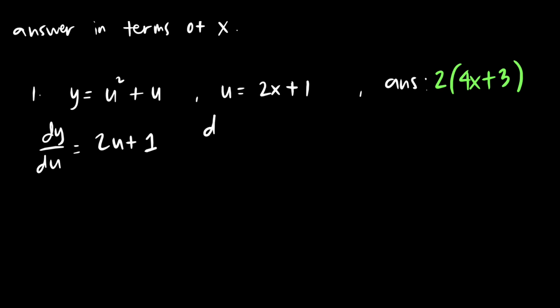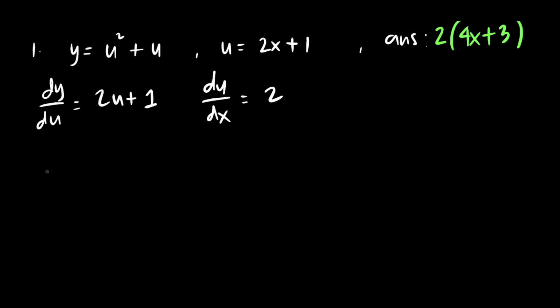Similarly, for du over dx, the derivative of 2x plus 1 with respect to x is just equal to 2. So dy over dx is equal to 2u plus 1 multiplied by 2.